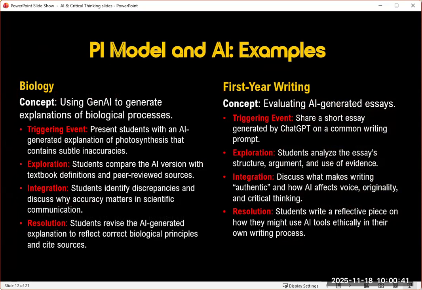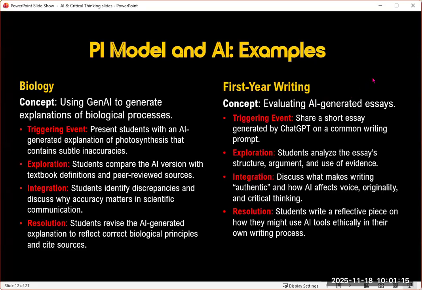So like what we were just talking about, like an AI written essay or something that they have to analyze. In this case, students might compare the AI version with textbook definitions or other peer-reviewed sources that they have to gather. Students then use that comparative task to identify discrepancies, discuss why accuracy matters. And then they can revise the AI generated explanation so that it's correct.